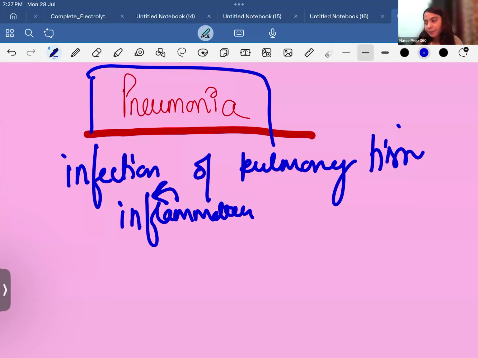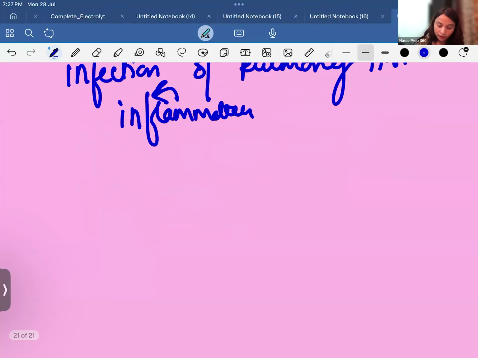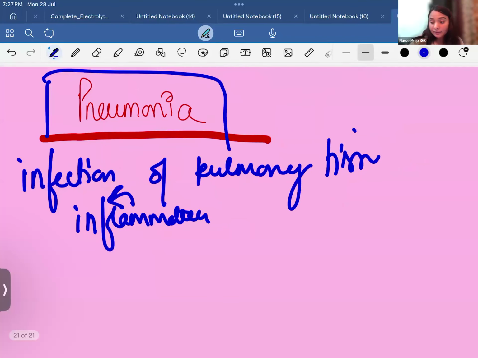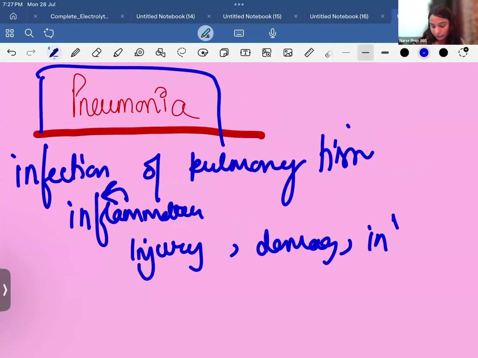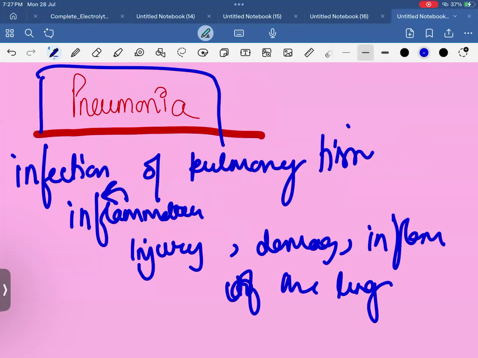Not always. Okay, so let's understand pneumonia. Whenever I say pneumonia, there are three things associated with it: injury, damage, and inflammation of the lung tissue.